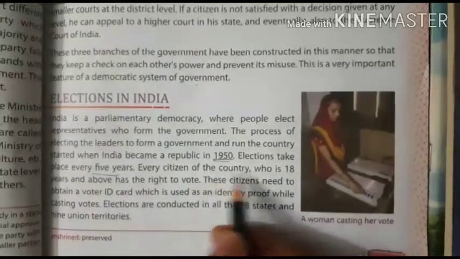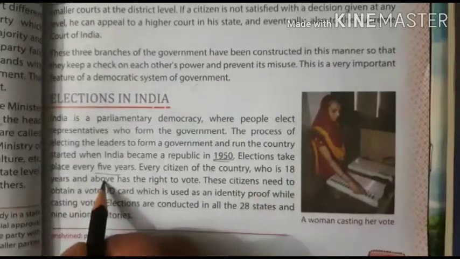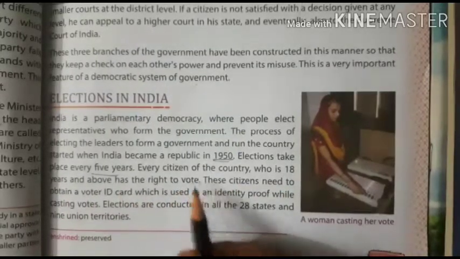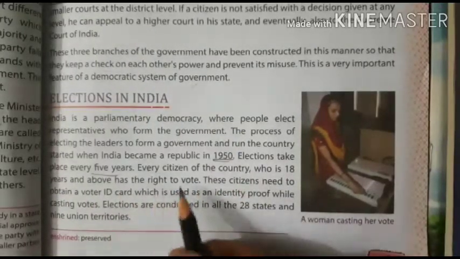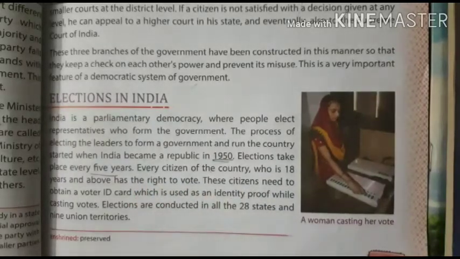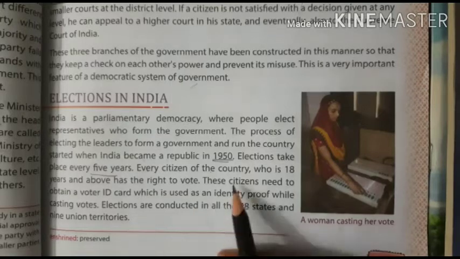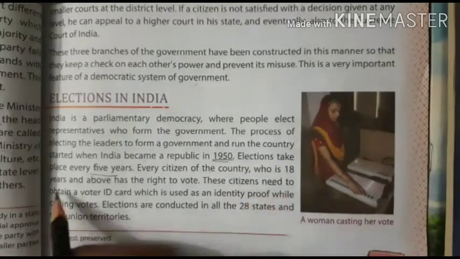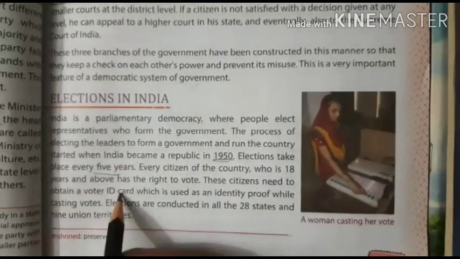Every citizen of the country who is 18 years and above has the right to vote. We have studied this in an earlier part of the video also, that every citizen who is 18 years or above has the right to cast a vote for their favorite candidate. These citizens need to obtain a voter ID card.